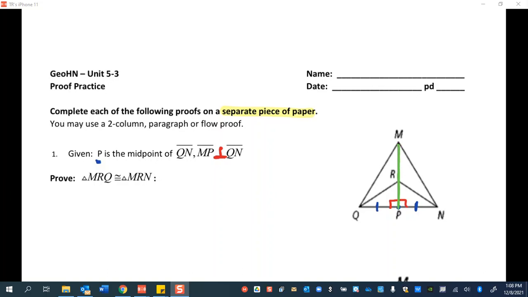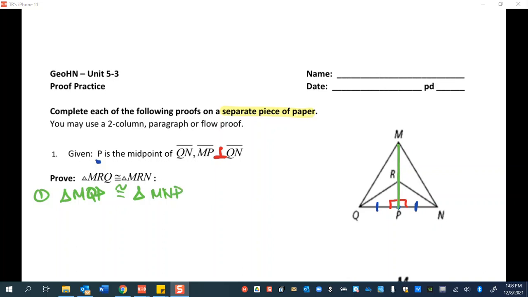So do you see right away the two congruent triangles? Does everybody see them? Okay. So the first thing that I want to think about is that I can have triangle MQP be congruent to triangle MNP.